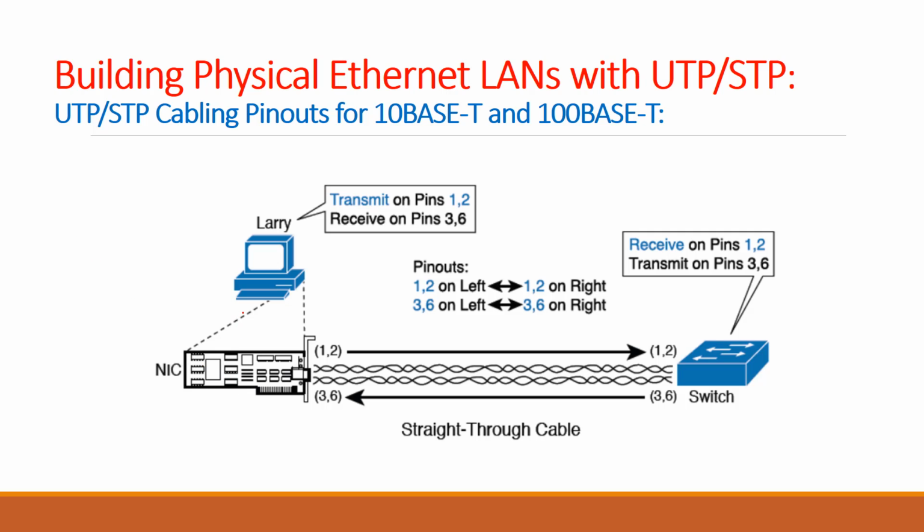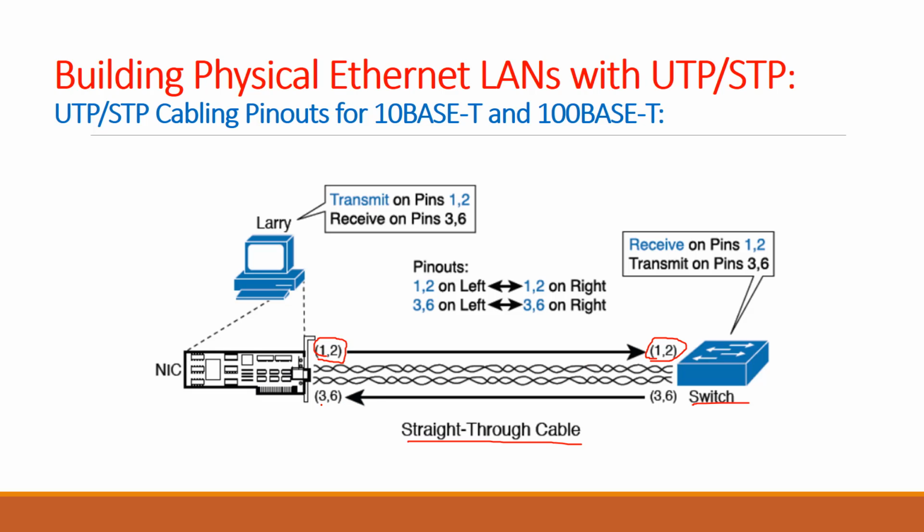So here we have a PC with a network interface card connected to a switch. As we mentioned, the type of cable will be straight through because the network interface card uses 1 and 2 for transmitting and the switch uses 1 and 2 for receiving.